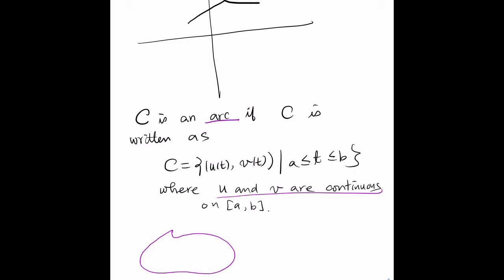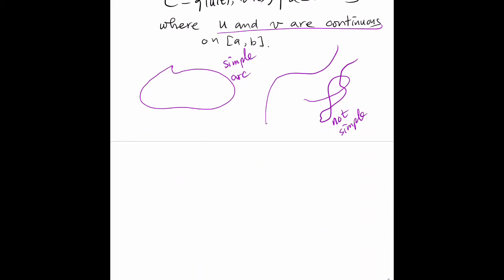So this is a simple arc. Well, this is also an arc, right? How about this one? This is not a simple arc, not simple. Simple arc means the arc does not cross itself.